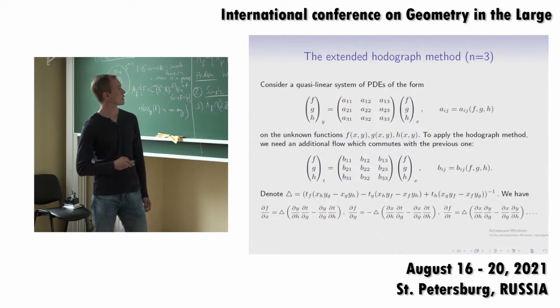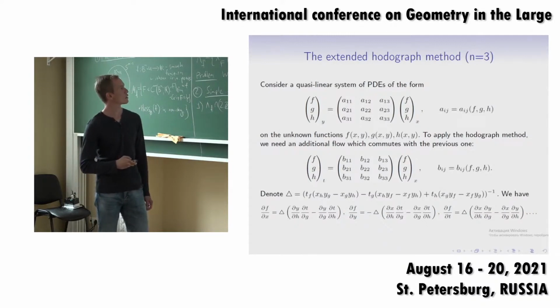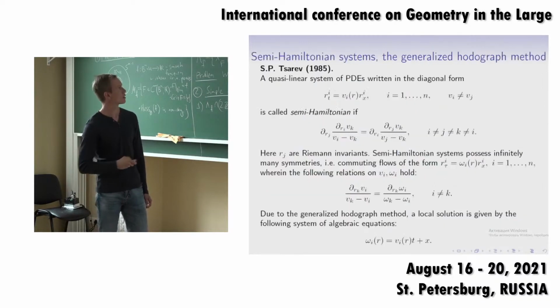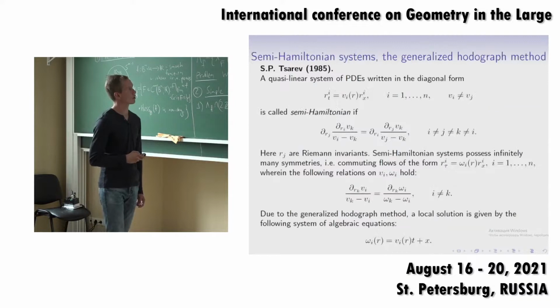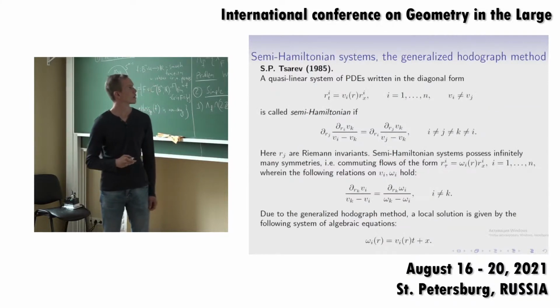And if they do, then after similar calculations, we may also obtain a linear system on the unknown functions x, y, and t. Okay, and finally, the generalized hodograph method, which was proposed by Tsarev in 1985.